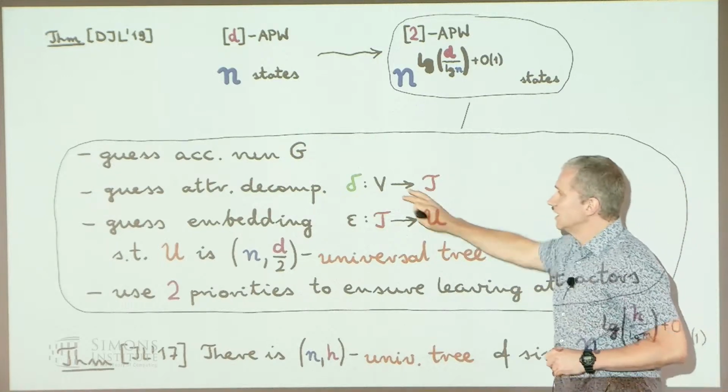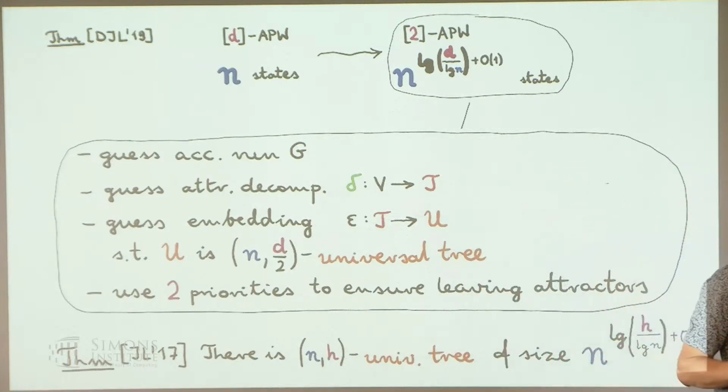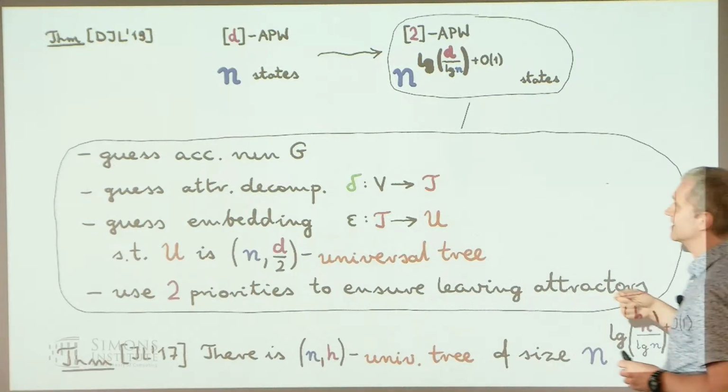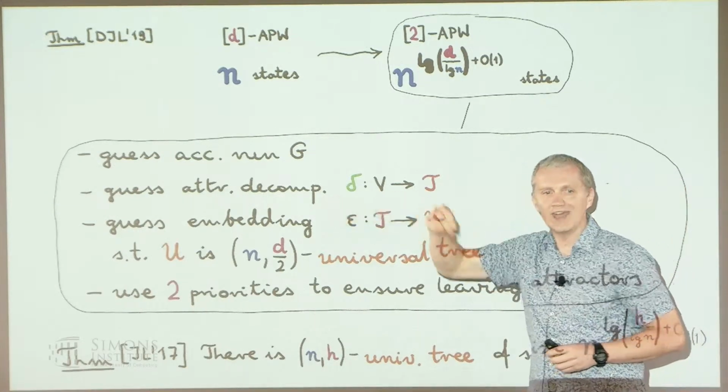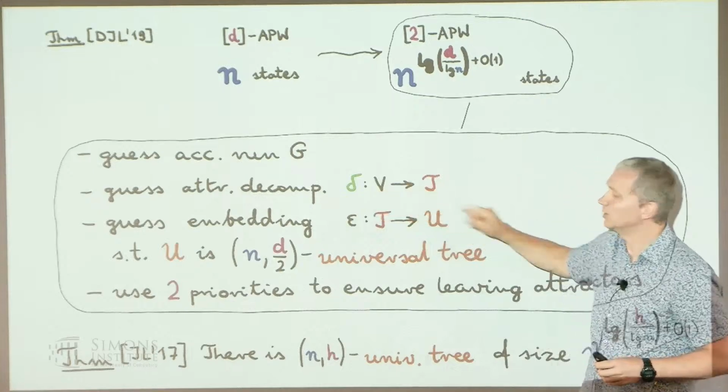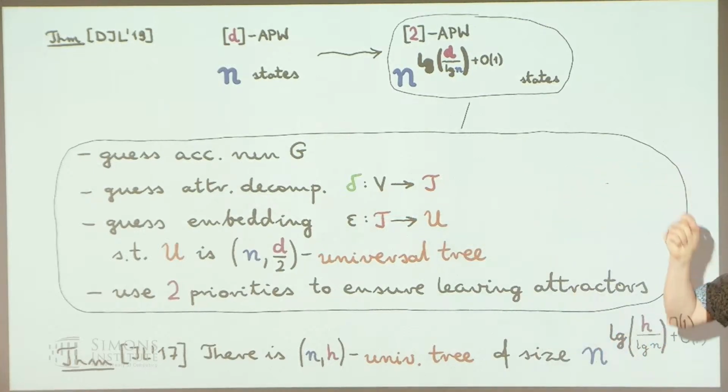Now the next idea is to have another component in the automaton which simultaneously is guessing an attractor decomposition. So for every vertex, it will guess a node in that tree that we know exists and is small. But now you may say, how does the automaton know which tree? Right?